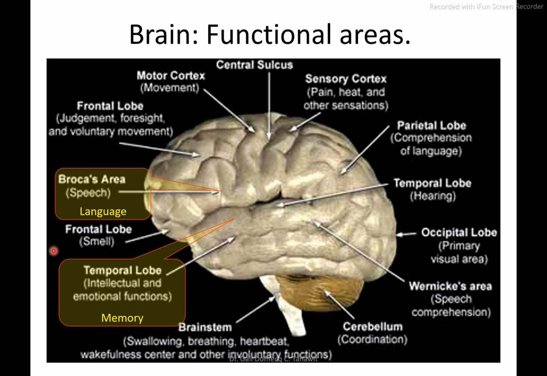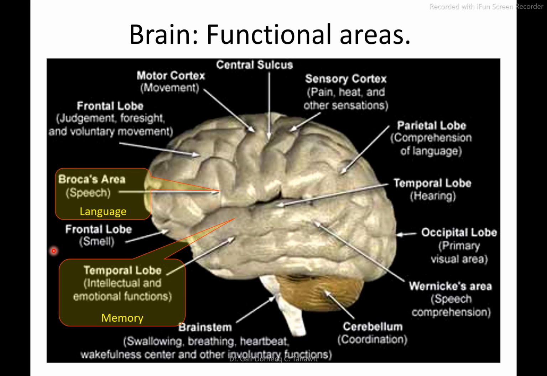The central sulcus will delineate the motor and the sensory cortex. Just anterior to the central sulcus would be the motor cortex, and posterior to your central sulcus will be your sensory cortex.